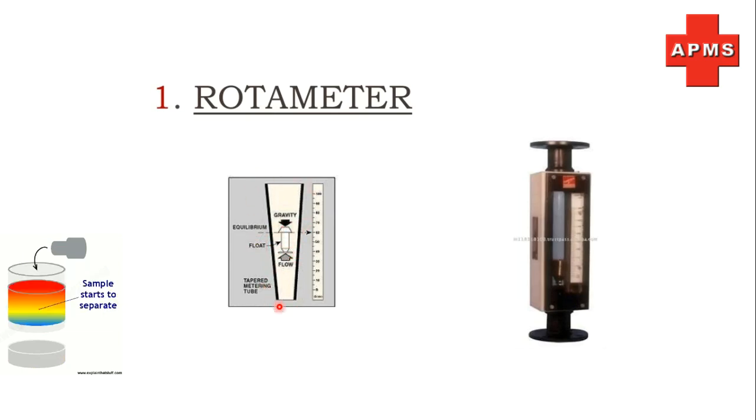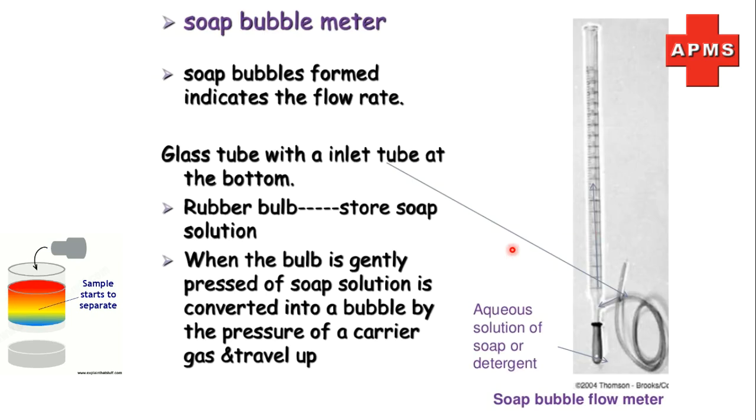As the flow increases or decreases, this floating element changes its position, and this changed position we can record or see on this meter. Okay, so this is the simple rotameter.